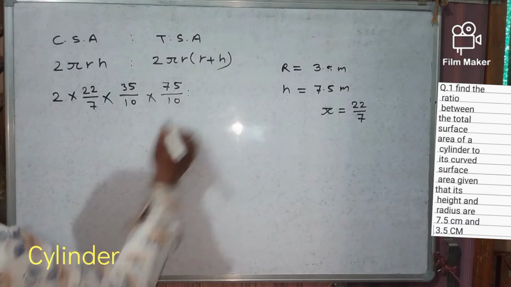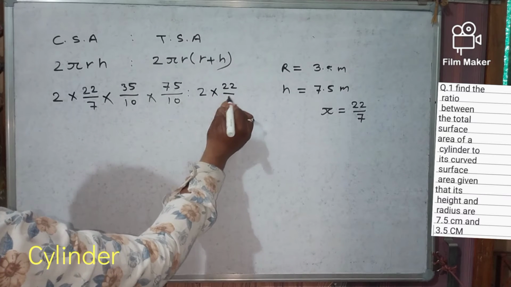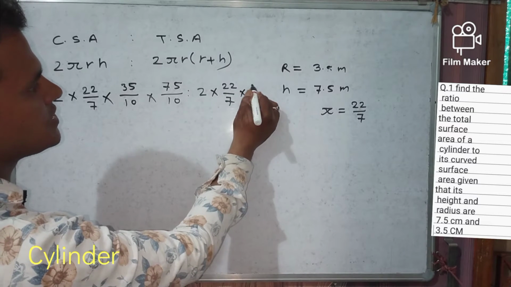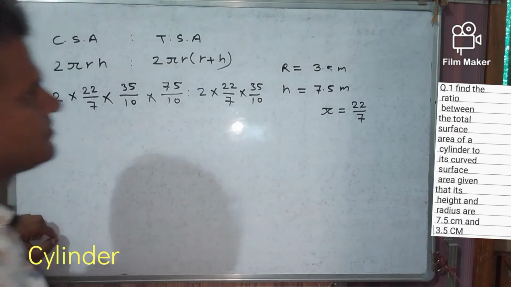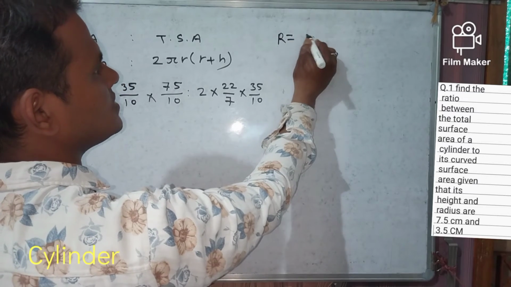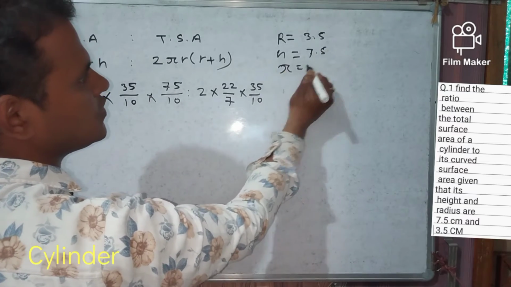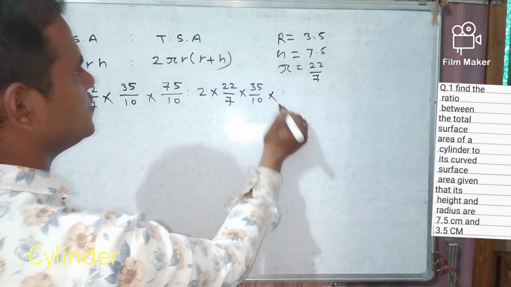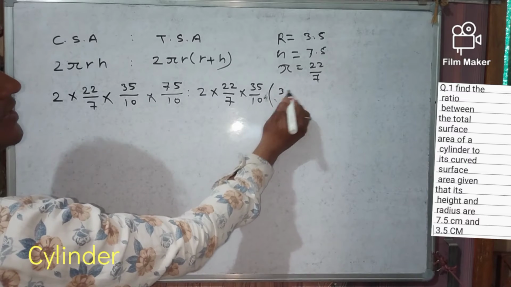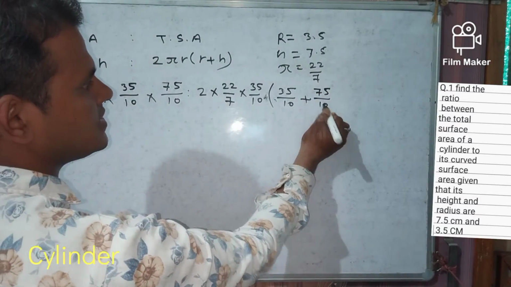Total surface area is 2 into 22 by 7 into 35 by 10, and radius is 3.5, height is 7.5, and pi is 22 by 7, into, we can write under common, radius 35 by 10 plus 75 by 10.